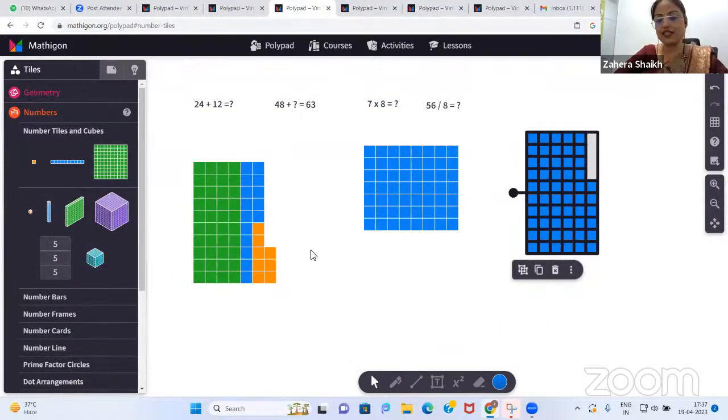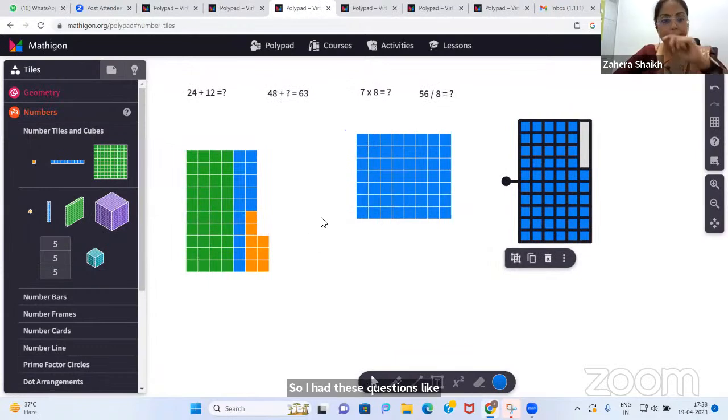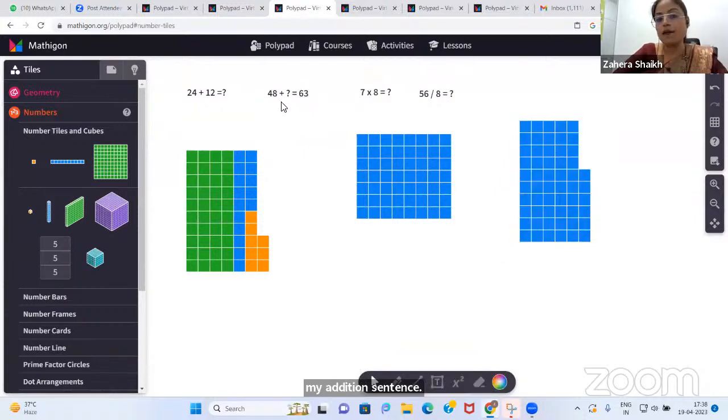So I had these practice questions, which we can use to explain 2-digit addition to the students, or how to identify the missing number in an addition sentence. I have not yet started subtraction, but if I really want my children to be fluent in math, they should be flexible in thinking.